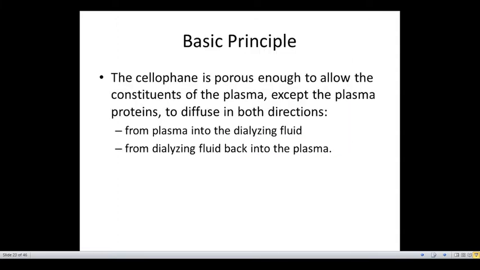The cellophane is porous enough to allow the constituents of the plasma, except the plasma proteins, to diffuse in both directions. That is, from plasma into the dialyzing fluid and from dialyzing fluid back into the plasma.